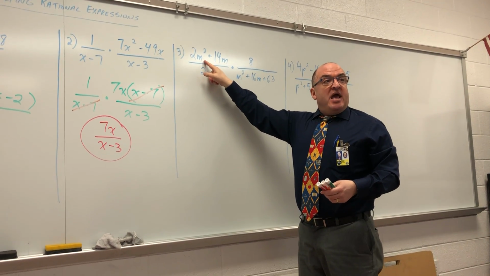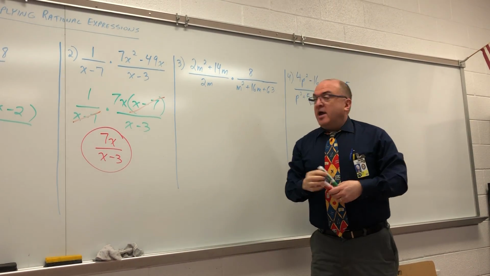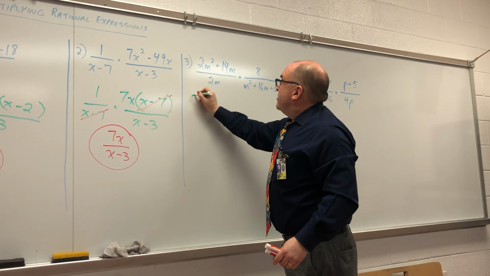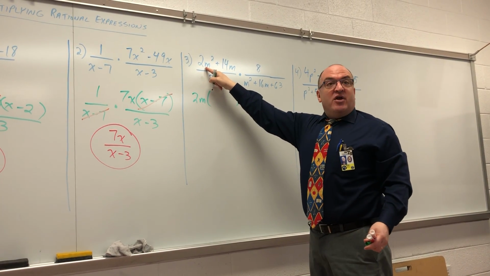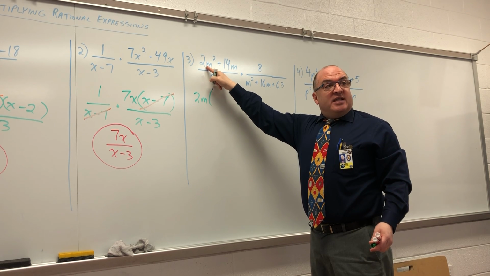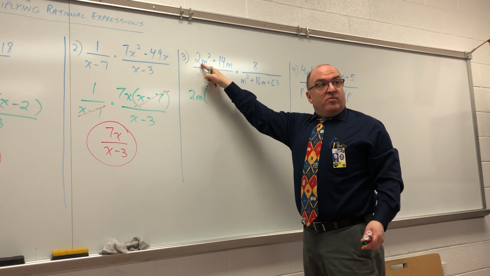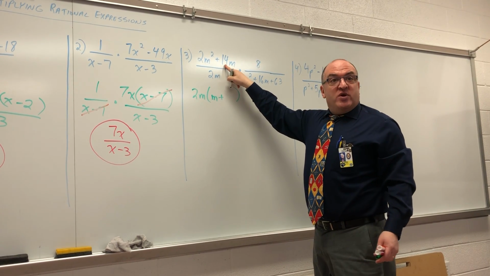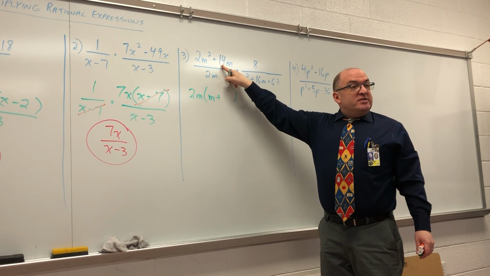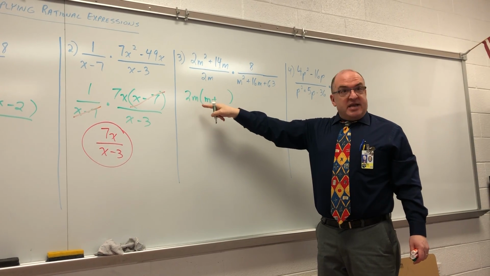And how many m's? 1m, right? There's a 2m that's common to both. Once I take it out, I took out a 2 and an m. What's left here? 1m, right? I took out a 2 and an m from here. 7, and the m is taken out already, right?